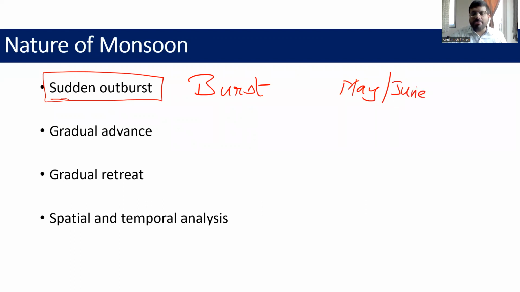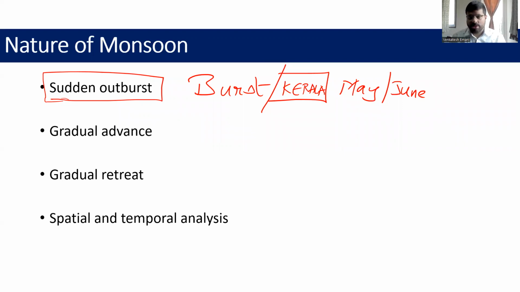If you talk about the major landmass of India, apart from the islands of Andaman and Nicobar, that burst happens in Kerala, right? So the monsoon enters India with a sudden outburst, as if somebody is kicking the door and entering the room. They're not knocking, asking, can I please come? No, they're kicking the door and entering the room.